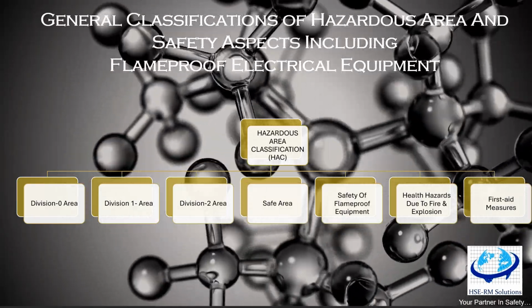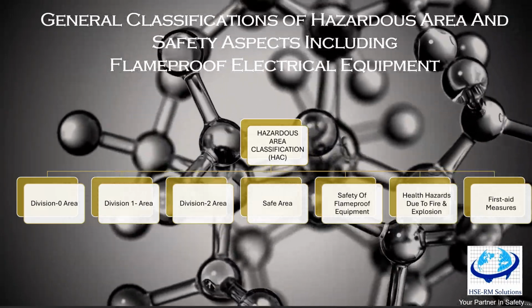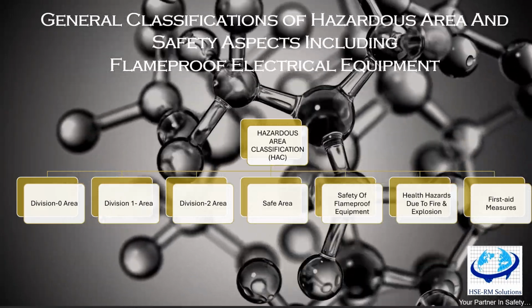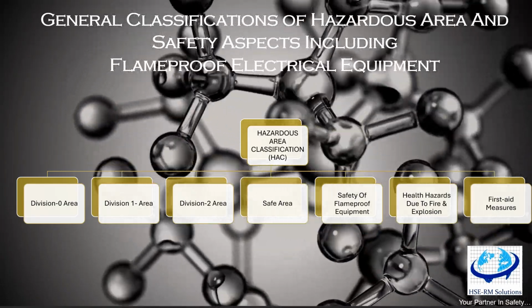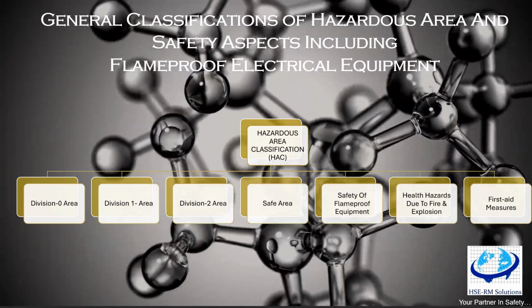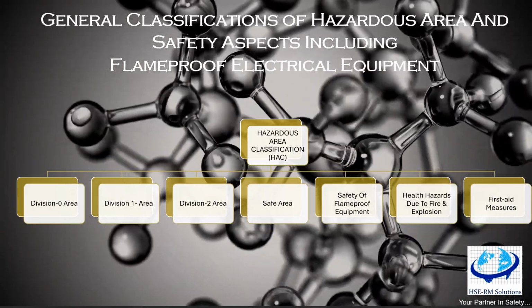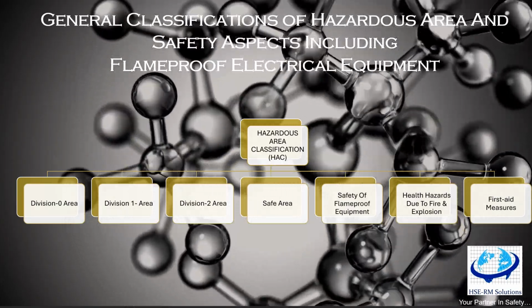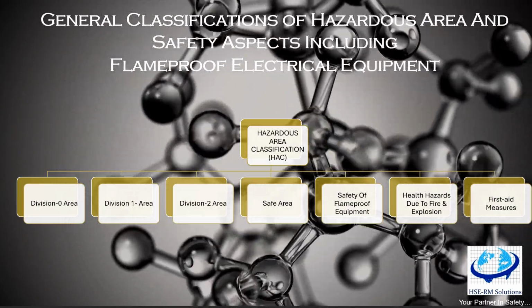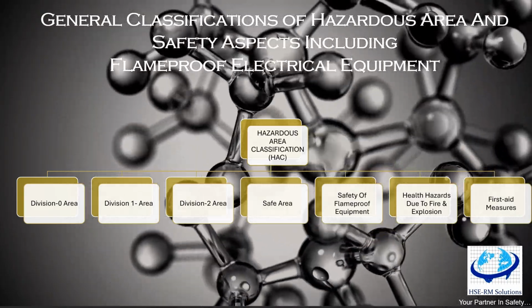Correct? So this classification is applicable only where fire and explosion hazard is likely and may be caused only by the simultaneous or improbable occurrence of arc or spark resulting from the electrical failure and a hazardous atmosphere arising through the failure of the condition of control.